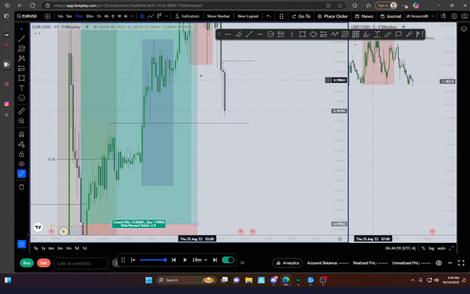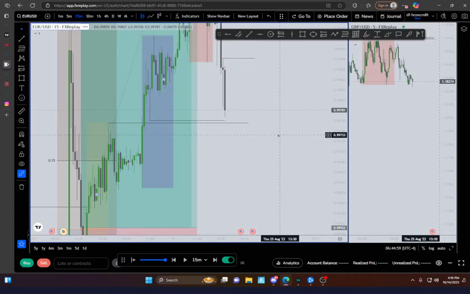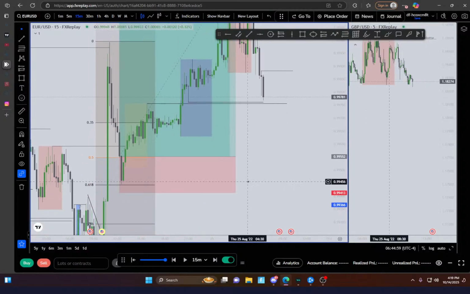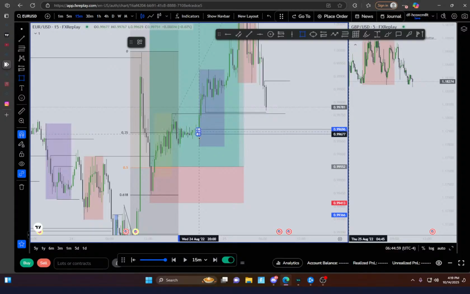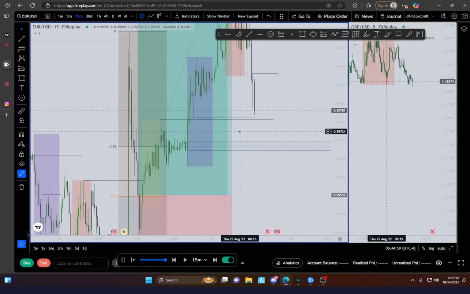But then we'll be sweeping out this liquidity. So bullish bias, but weird as well because we have this low resistance. If we're seeking that out, we could definitely look at this. If price is seeking this, then that'll be even better.